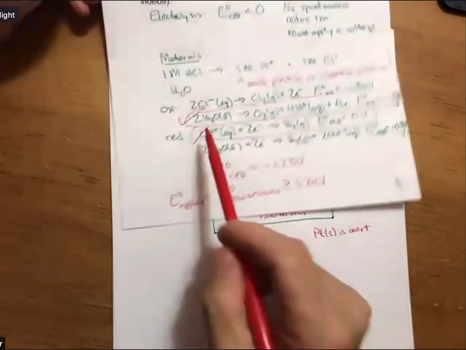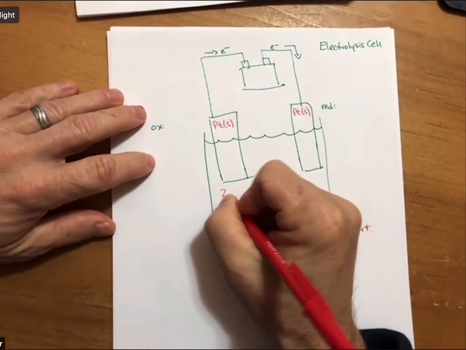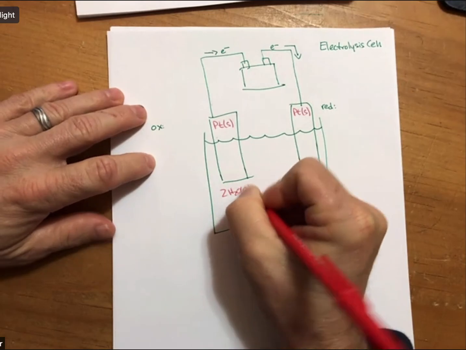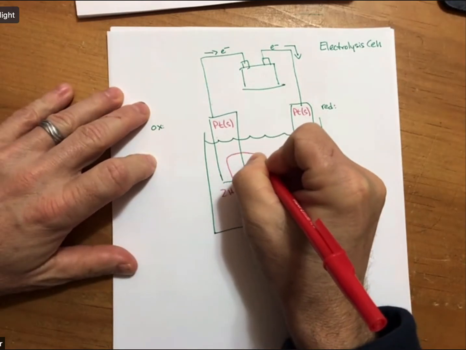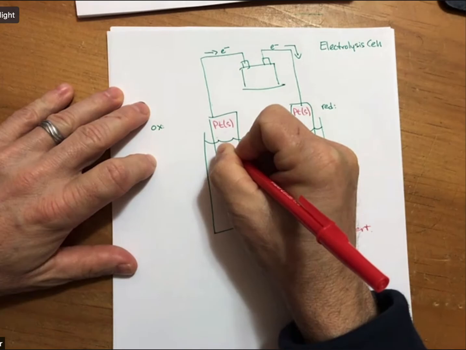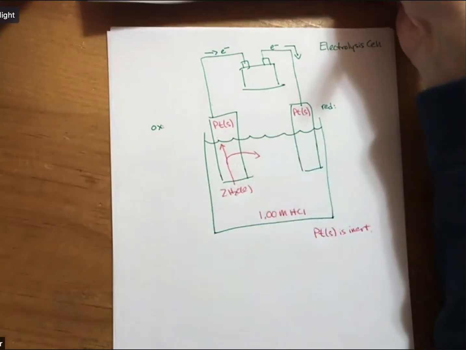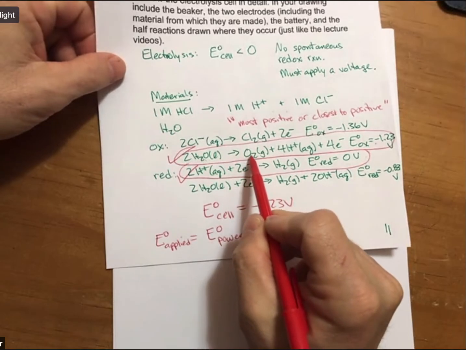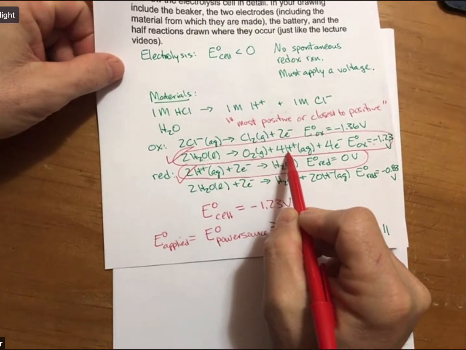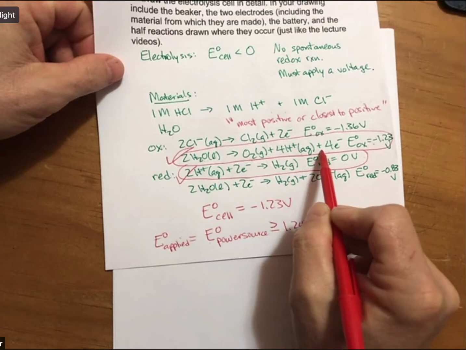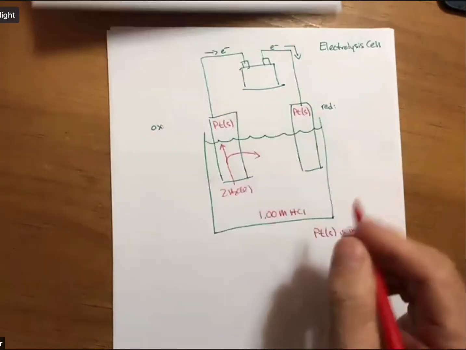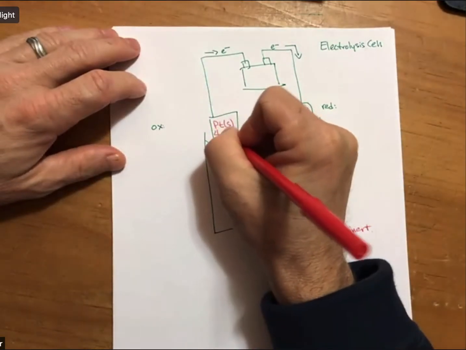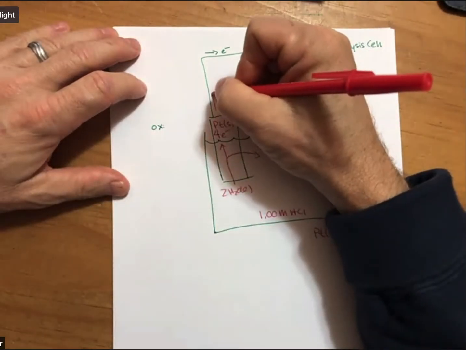All right, so now let's take our 2 H2Os. Our 2 H2Os are going to make oxygen and 4 hydrogen ions and lose 4 electrons. So my 4 electrons go up here, and my 4 electrons are going to go through the wire.